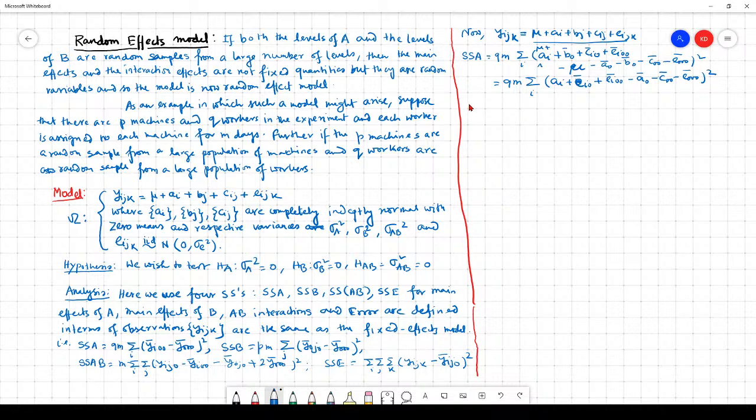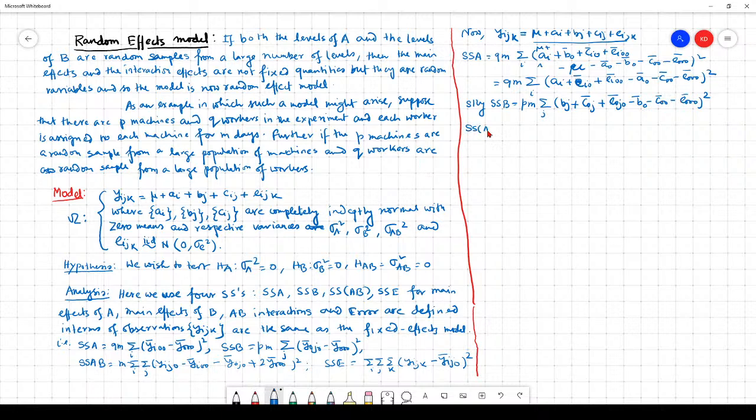Similarly, you can write SSB, which is equal to Pn sum over j of (Bj plus C naught j bar plus E naught j naught bar minus B naught bar minus C naught bar minus E naught bar) whole square.